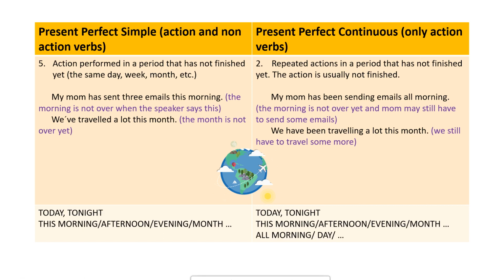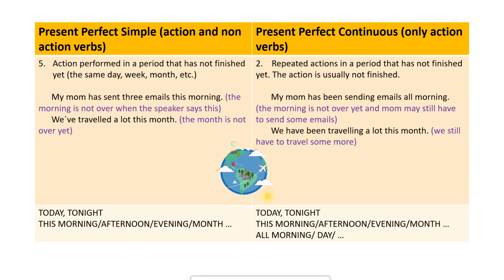Another use here, for action performed in a period that has not finished yet. A period that has not finished yet means if it's the same day or the same week or the same month or year, yes, but when it hasn't finished.